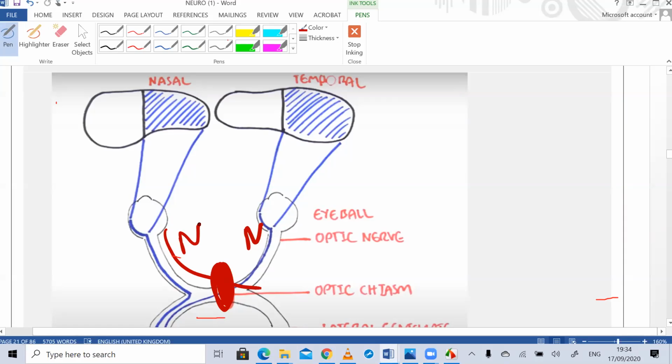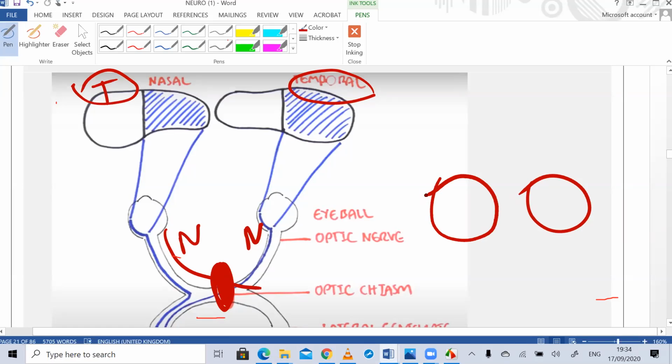Both nasal fibers transferring which field? Both temporal fields. So whenever there is a tumor compressing the optic chiasma, what kind of field will be affected and blind? Temporal here and temporal here.